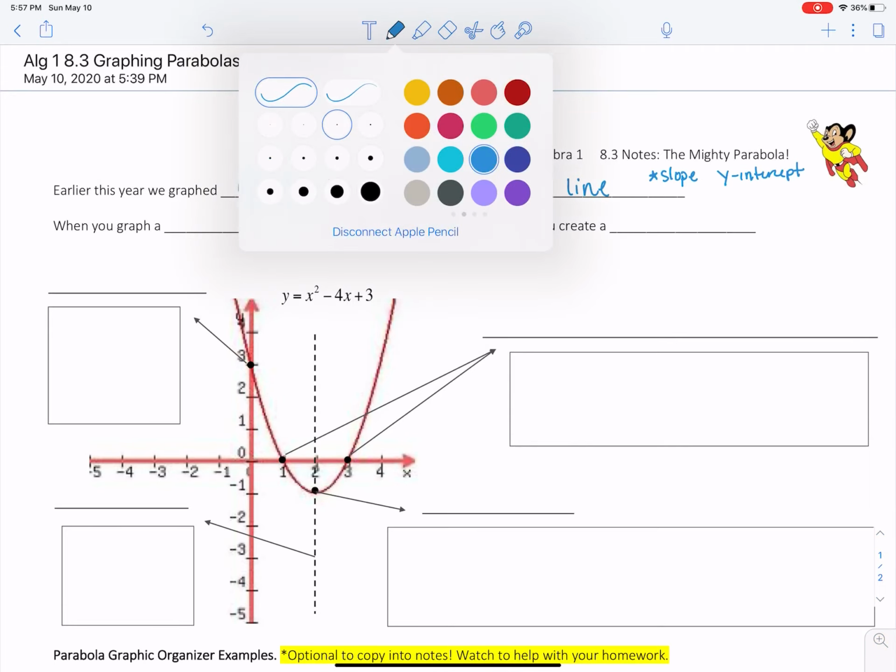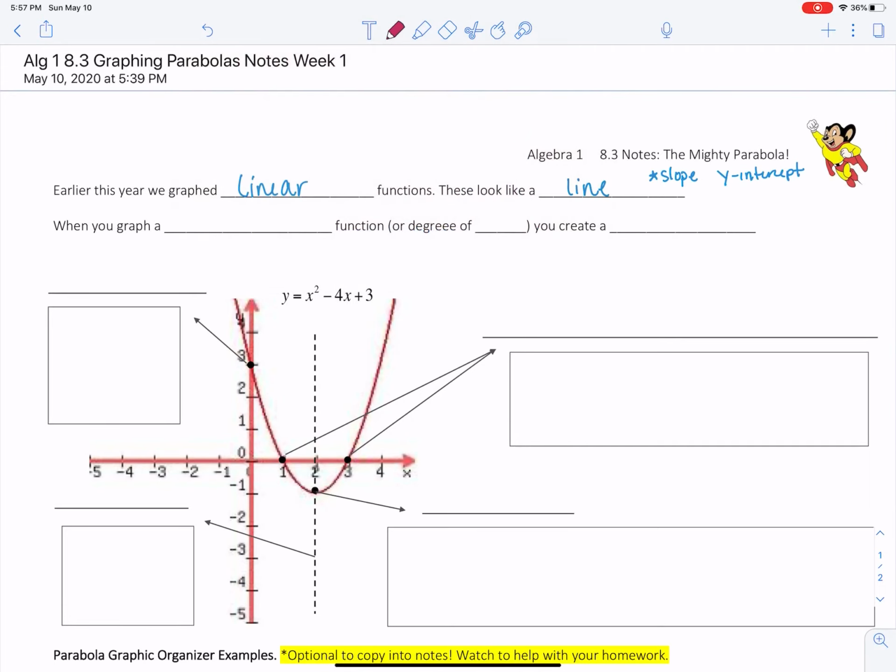Now we've moved on past linear functions and we've moved to quadratic functions. So I'm here on sentence number 2, and when you graph a quadratic, or a degree of 2, so anytime you have that degree of 2, you create a parabola.